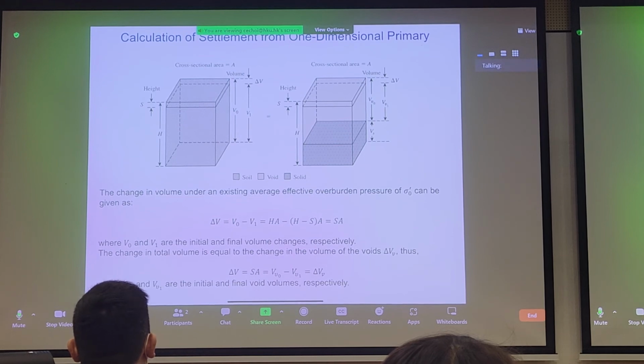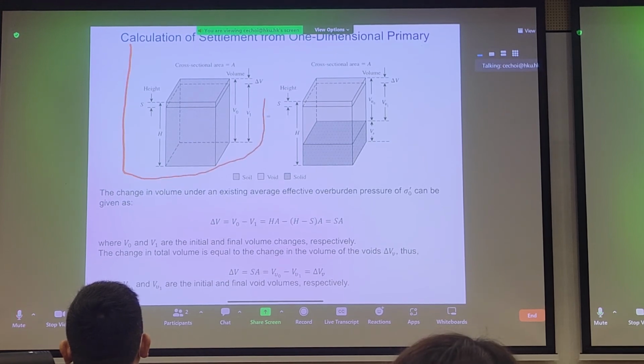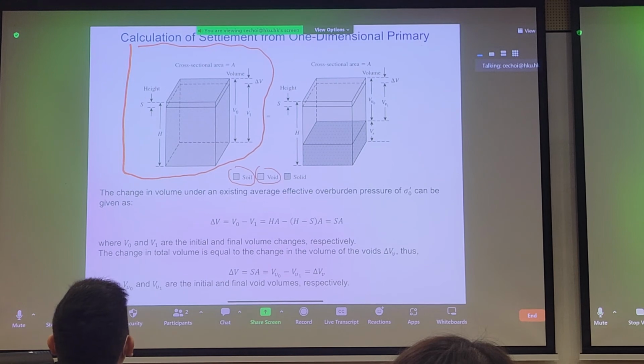So again, this should be somewhat review material, but how do we calculate settlement, or how much compression to expect from a one-dimensional element? Let's take a look at the schematic here. We have an initial soil element here, and in this element we have soil, we have voids, and we have solid.